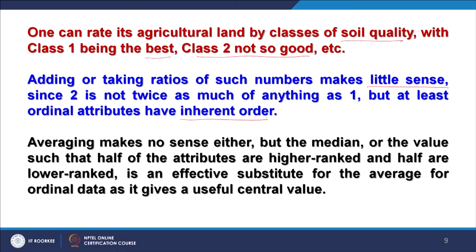And again, averaging makes no sense, but other statistical analysis like the median, or values such that half of the attributes are of higher rank or half are of lower rank, may have some meaning. But generally, if the data is ordinal or has ranks, arithmetic operations with such attribute data are not performed.